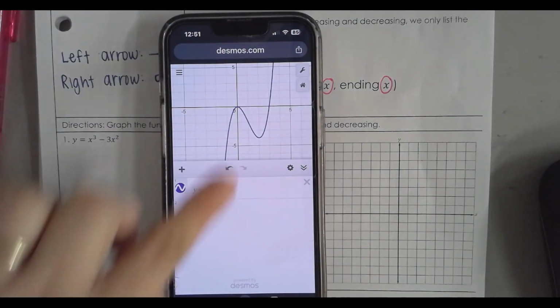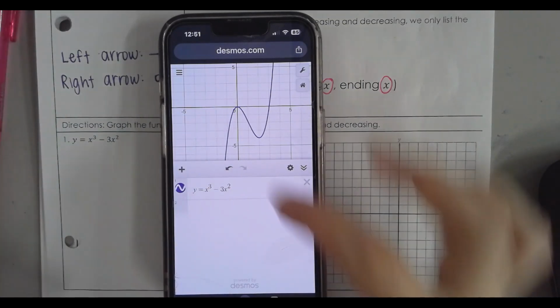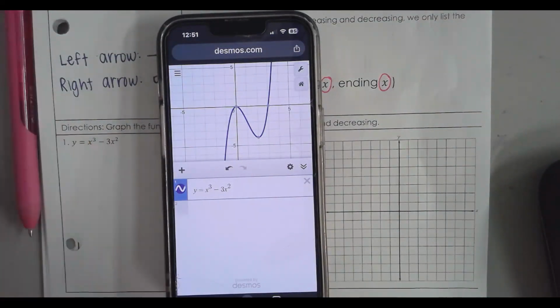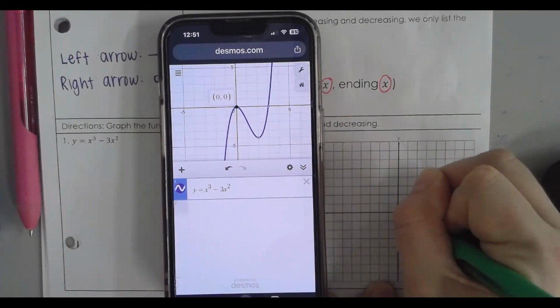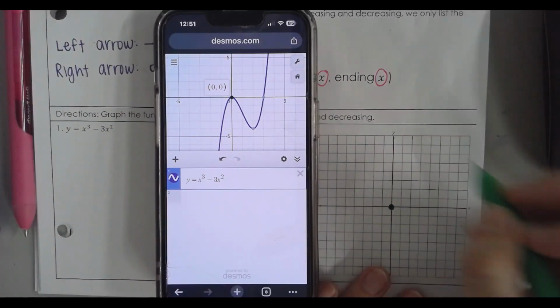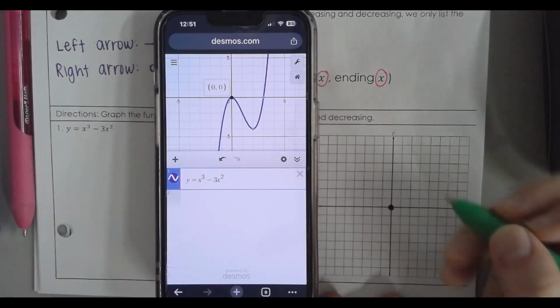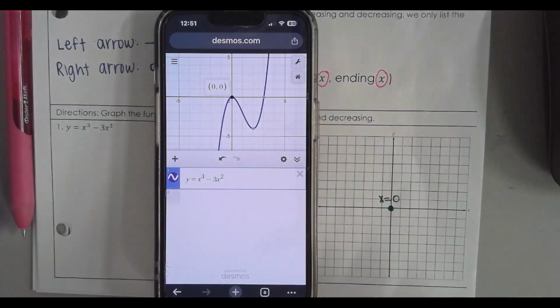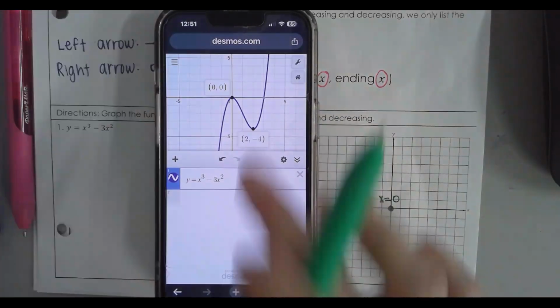So I'm going to tell you what these max and mins are, and we're going to plot those. The first one, we have a max at, looks like 0, 0, yes, 0, 0. And I want you to write that coordinate, or really we could just put x equals 0 there, because that's all we care about anyway. So x equals 0.